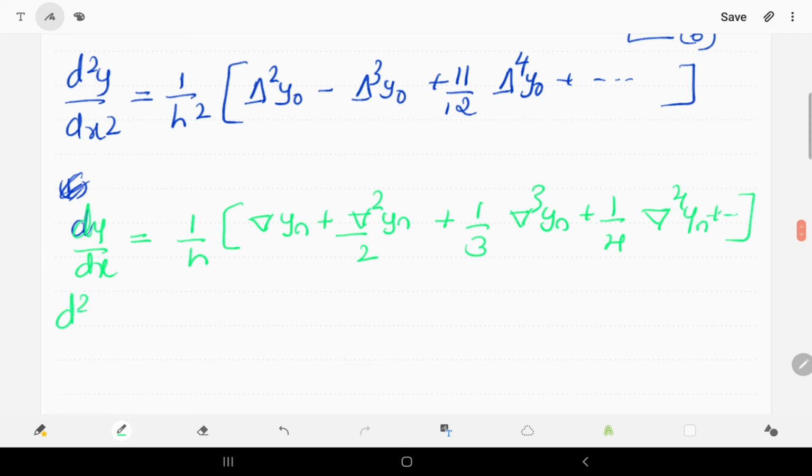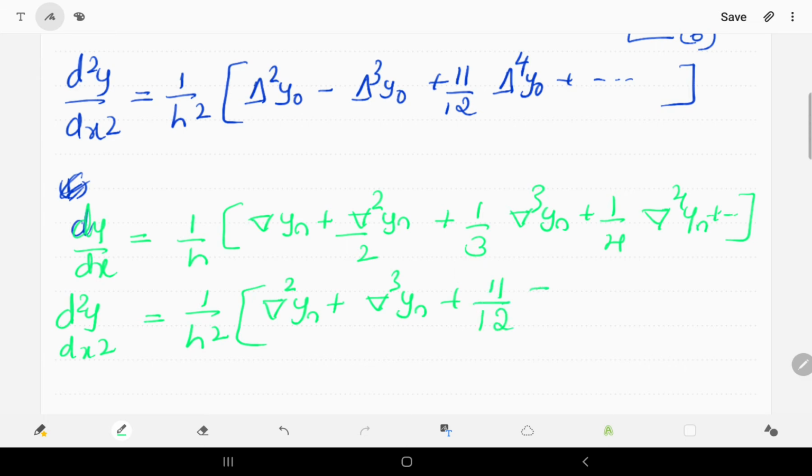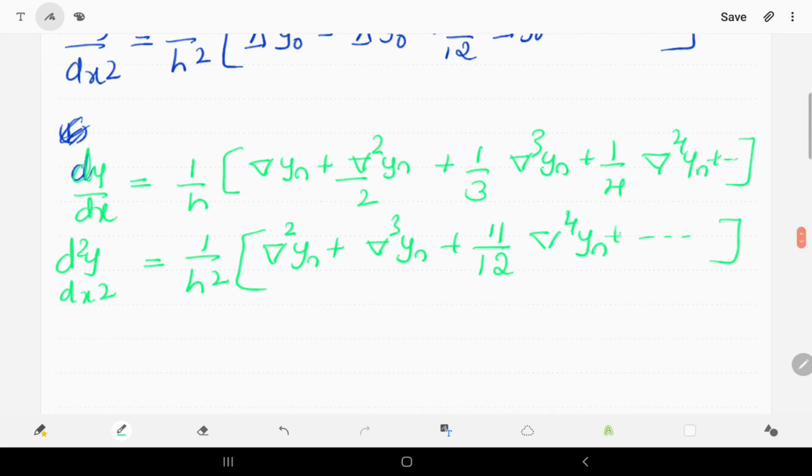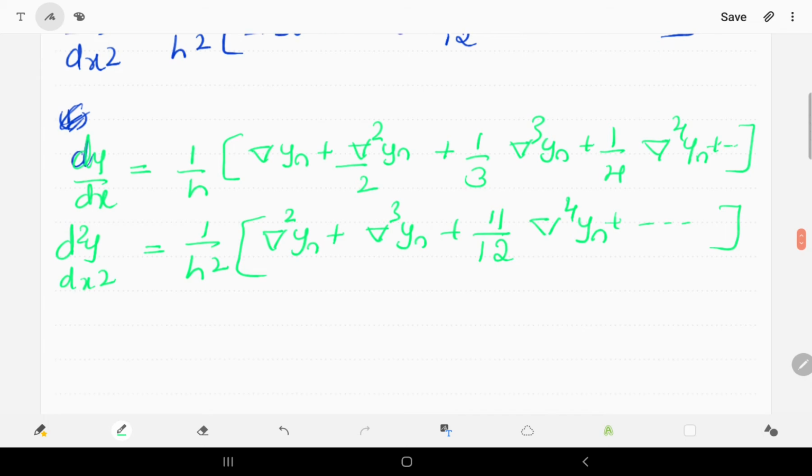And d square y by dx square is equal to 1 by h square into nabla square yn plus nabla cube yn plus 11 by 12 nabla raised to 4 yn and so on. This is the backward interpolation formula of the derivatives.